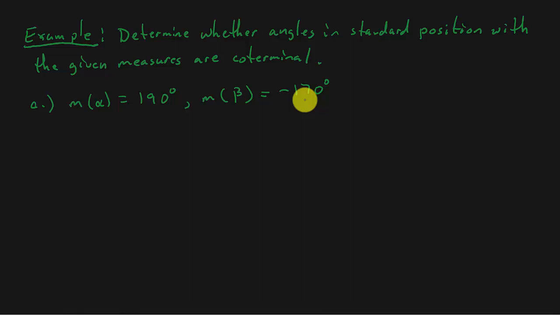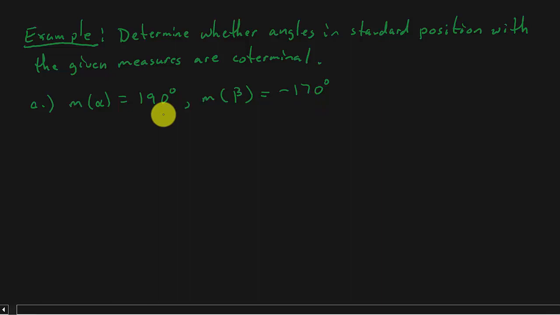Now, what you could do is take 190, subtract 360, and see if you get negative 170. Sometimes you may have to subtract 360 more than one time to see if you get the other angle. Or you could take negative 170 and add 360 and see if you get 190. That's one way that you can do it.